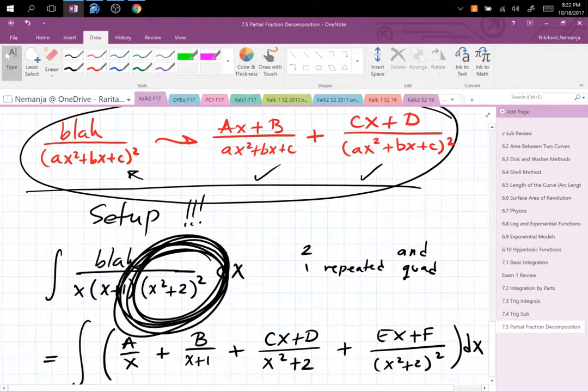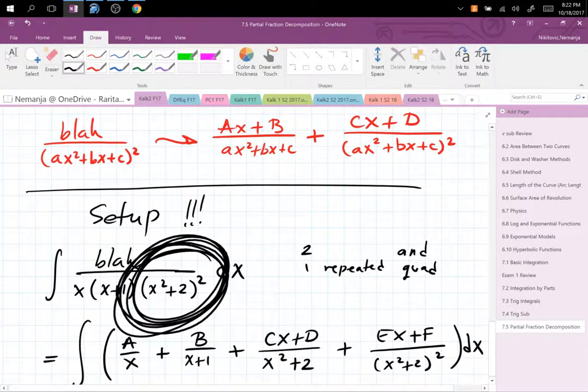All right. Let's set up another one, and then do some integrals.